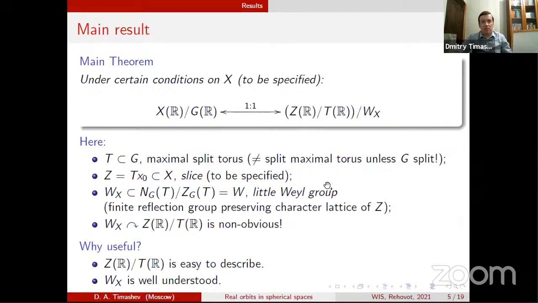That's why this theorem gives at least some approach to describe explicitly the real G orbits on the real locus of X, so to solve this classification problem in the special setting which we consider.